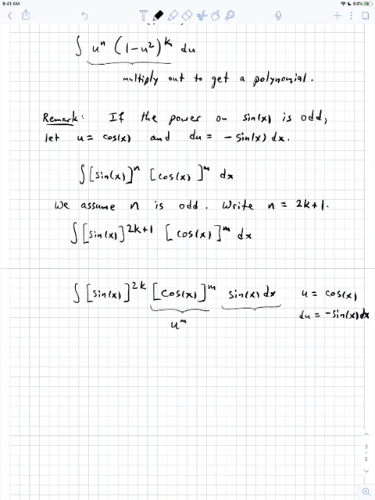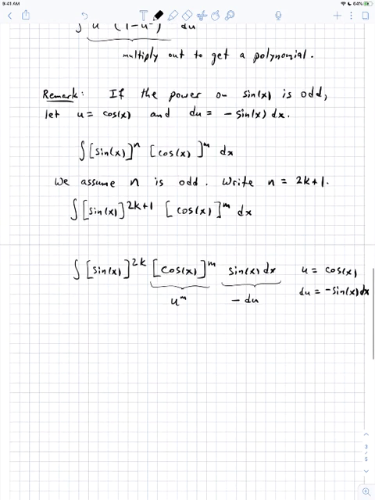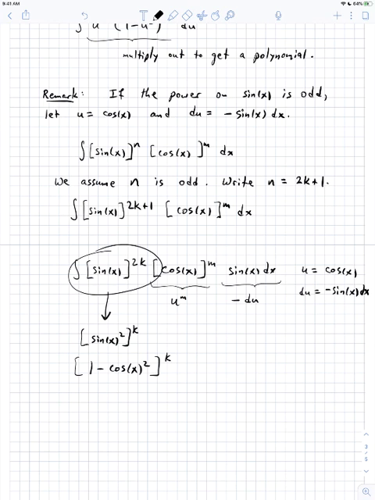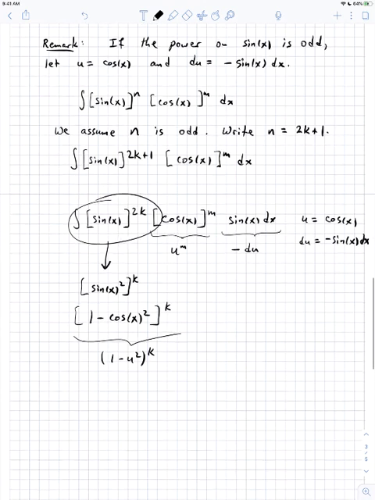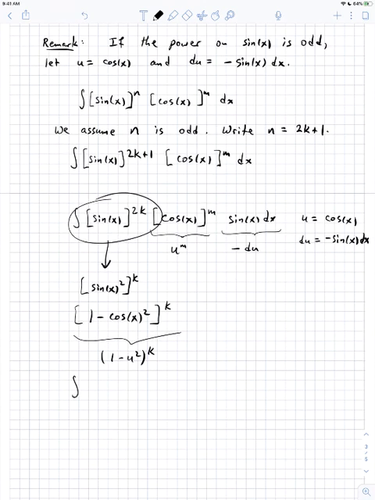This term right here isn't du, it's the opposite of du, because we have a minus sign there. And for this term, you do exactly the kind of thing that we did before. You write this as sine x squared to the k, which you then write as 1 minus cosine x squared, and raise all that to the k. And what is this? This is 1 minus u squared to the k. So it's exactly the same kind of thing. You end up with the integral of 1 minus u squared raised to the k times u to the m. And now it's not du, it's minus du, so we just put a minus in front.